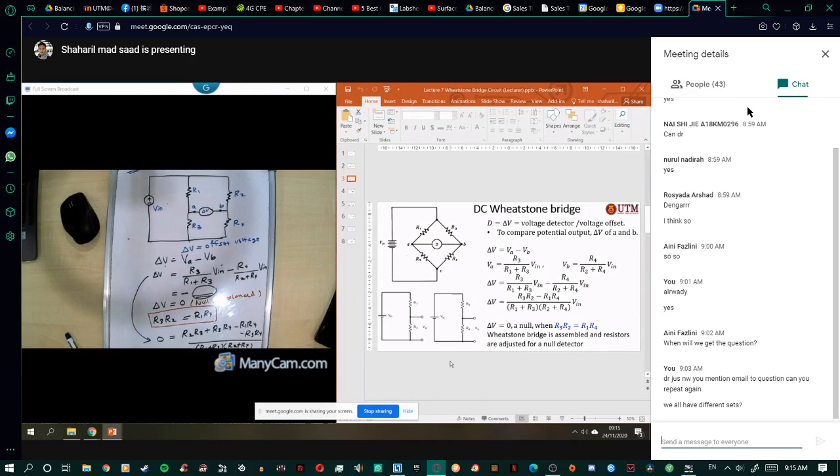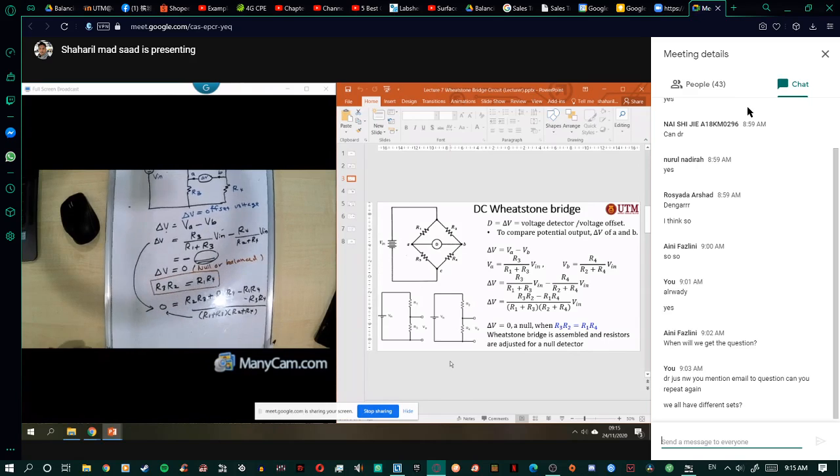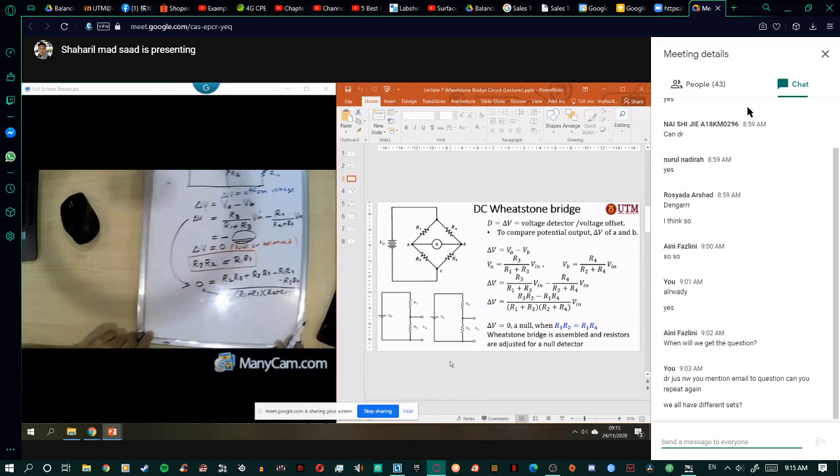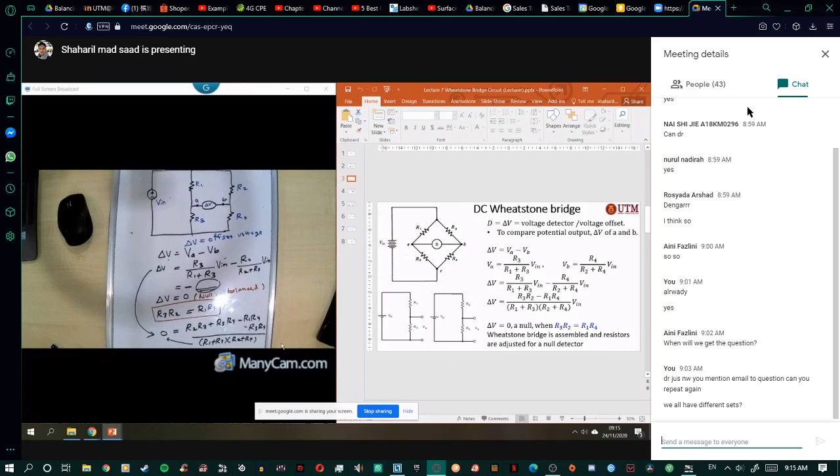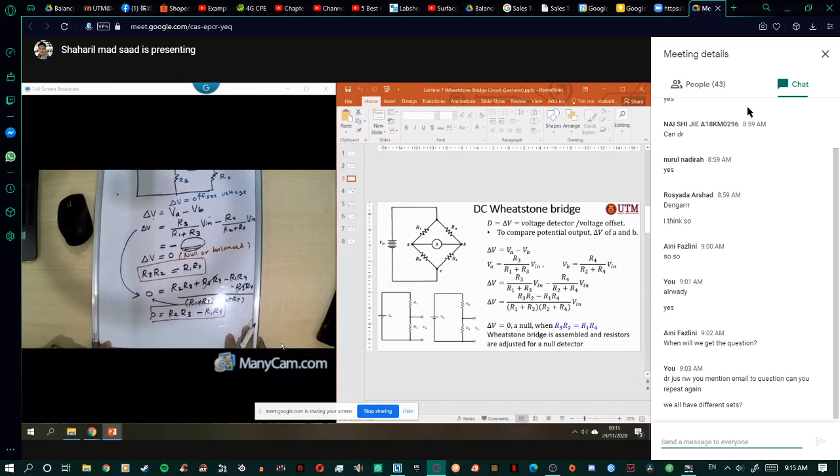When you multiply this out, you get 0: R2 R3, plus the R3 R4 terms cancel out, minus R1 R4. Then you get the same formula as this one.